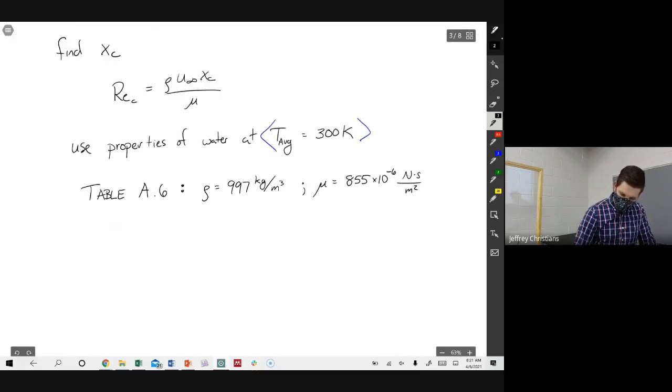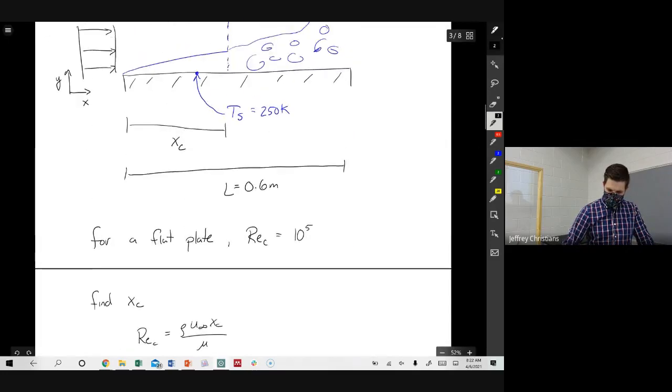So we can plug in the critical Reynolds number, 10 to the 5, which equals 997 times, what did we say? It was 1 meter per second.